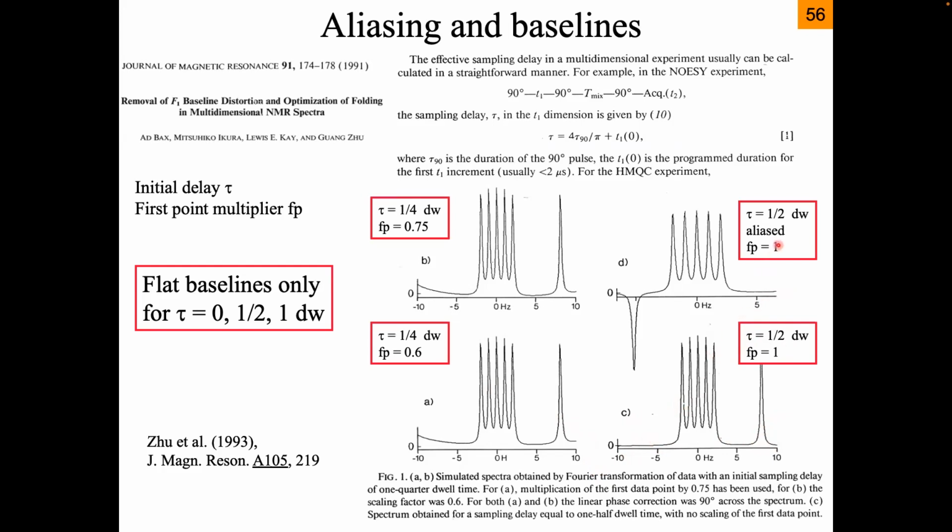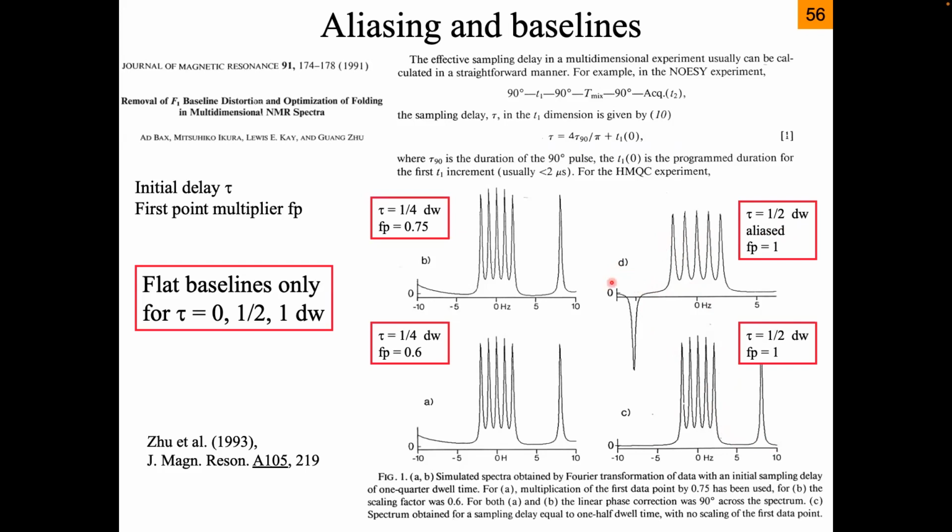Now, if you reduce the sweep width, meaning I increase the dwell time, what's done here, I get folding. And in this case, it is folded in a way that this peak moves to this side and it gets negative. It's a 180-degree linear phase correction so that it becomes negative, okay?